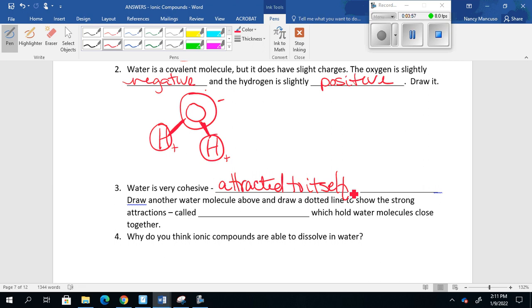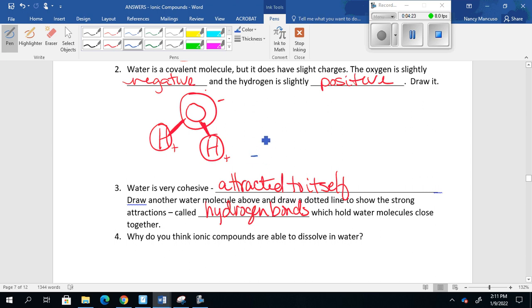It stays together. So now it tells us to draw another water molecule above and draw a dotted line to show the strong attractions. These are called hydrogen bonds. So I'm going to draw another water, and I'm going to make it another color. This H has a slight positive, so I know it would be attracted to a slight negative.